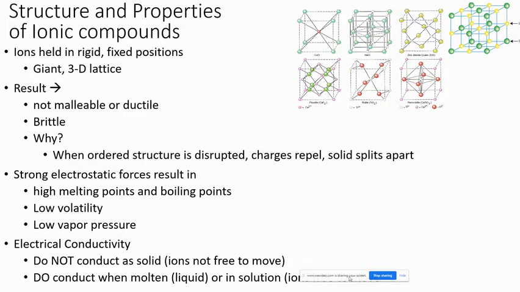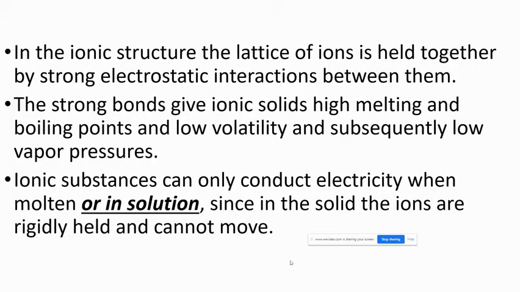As a solid, they are not free to move. They're locked into this structure. But if we go into a liquid form or if we dissolve them into a solution, then those ions are free to move and they will conduct electricity because they have a charge associated with them. Covalent compounds you can get to dissolve in liquids into a solution, but because they don't have a charge associated with them, they don't carry electricity.